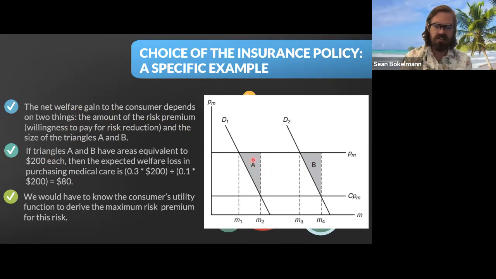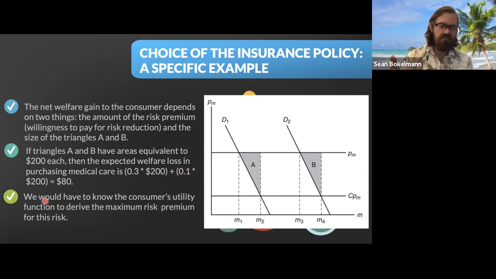That's the loss. Then we can expect that the welfare loss will be $80. There's a 30% chance of illness 1, which would lead to a $200 welfare loss. And there's a 10% chance of illness 2, which would also lead to a $200 welfare loss. So the expected welfare loss is $80.